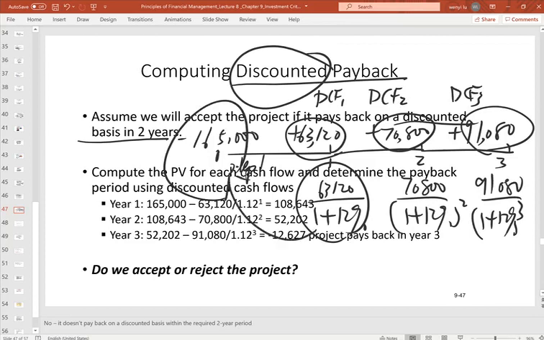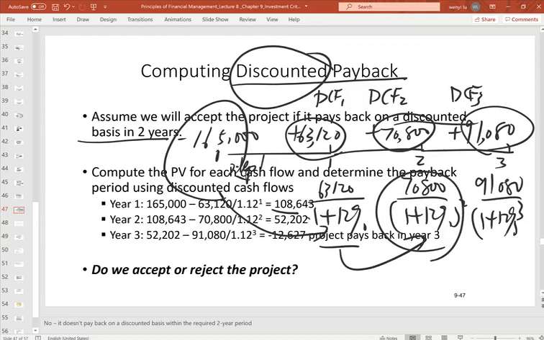So you add this one, and you can see you still have some balance left. Then you add the remaining balance to this one, and you still have this much left. And for the last year, this number is more than the remaining balance.